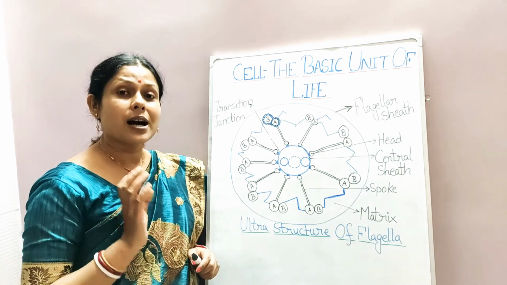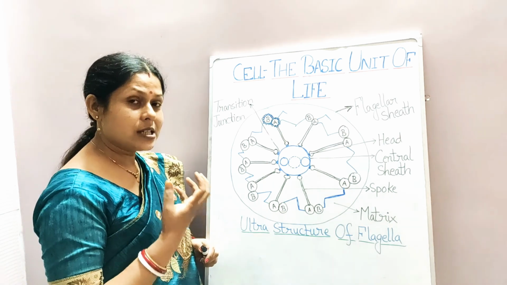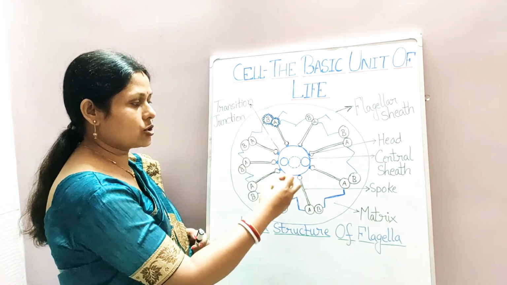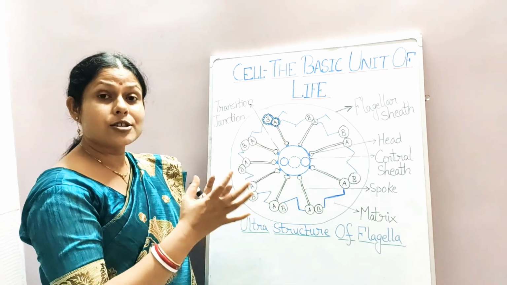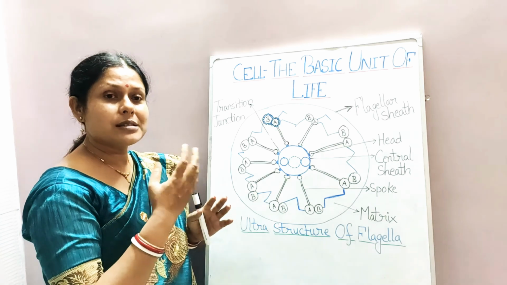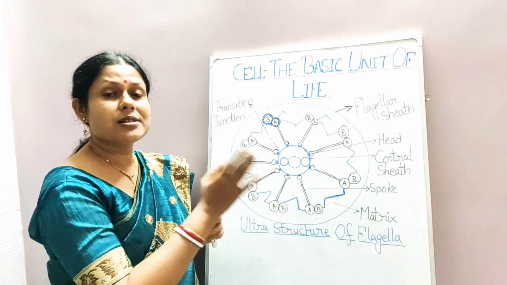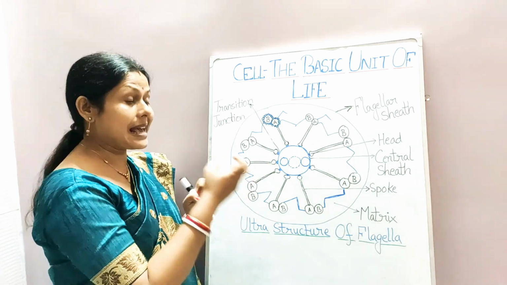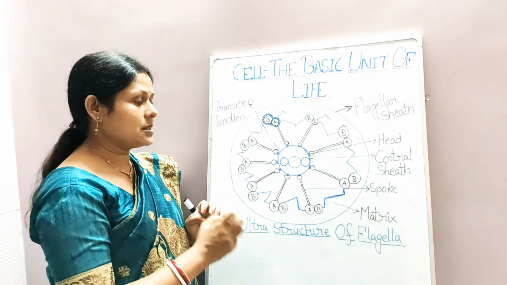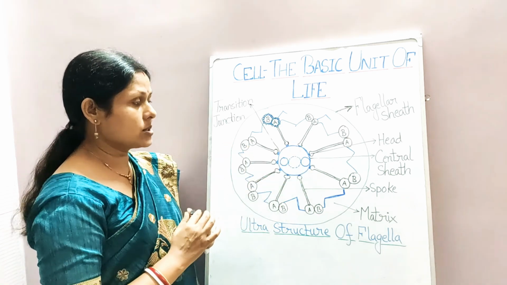It helps in the hydrolysis of ATP, and that energy is utilized for the contraction of the 9 peripheral proteins, and as a result it is a united effort seen in the form of movement of the organism. That is, the flagella's movement is uniform because of the contraction of the 9 peripheral proteins assisted by the ATP synthase present in the central 2 subunits.